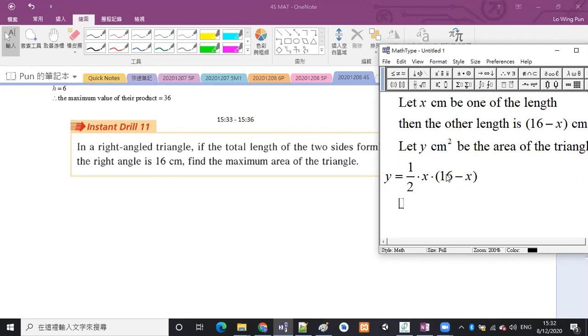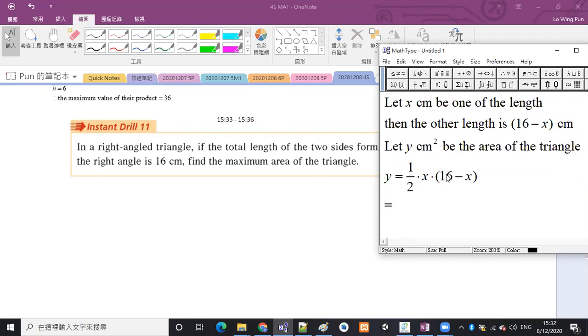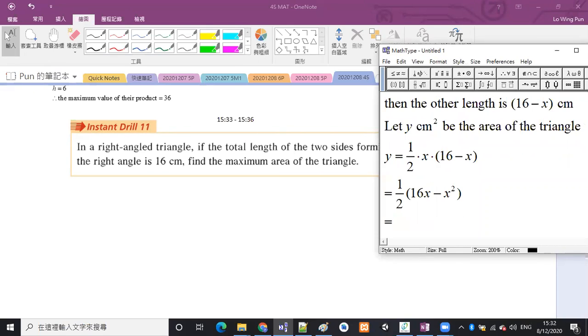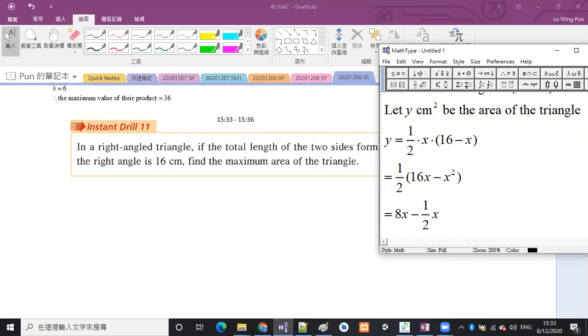Okay, and then that should be equal to 1/2 times 16x minus x squared. Okay, or just 8x minus 1/2 x squared.